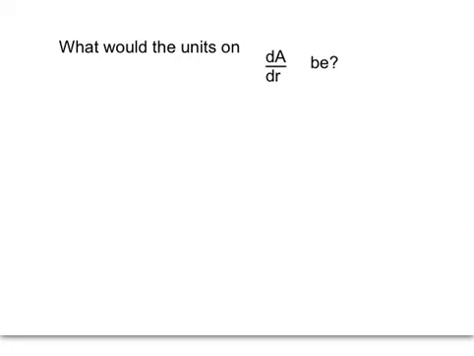All right, let's move to the next slide where we're going to talk about the units. What would the units be? Let's assume radius was in centimeters, and of course area would be square centimeters. Well, dA represents the change in area.